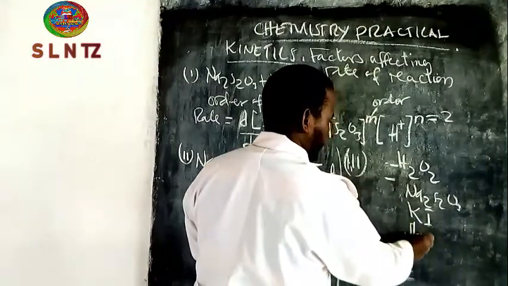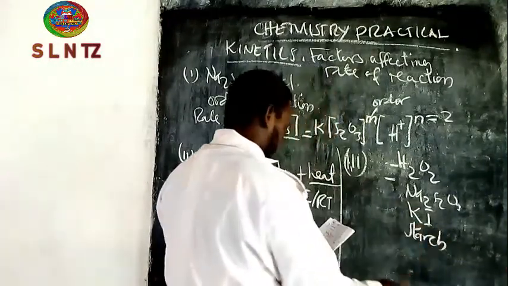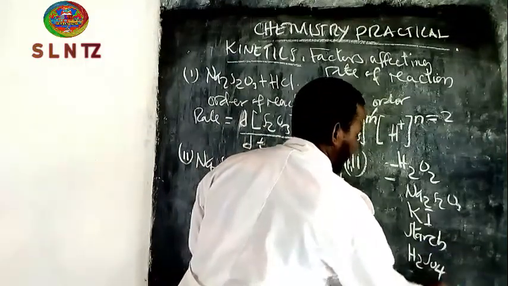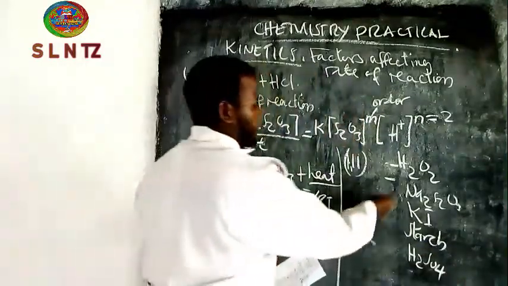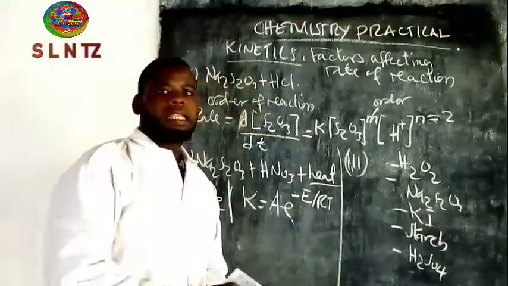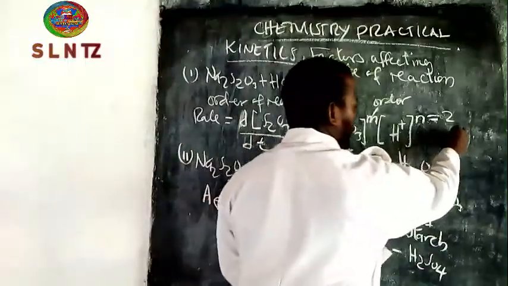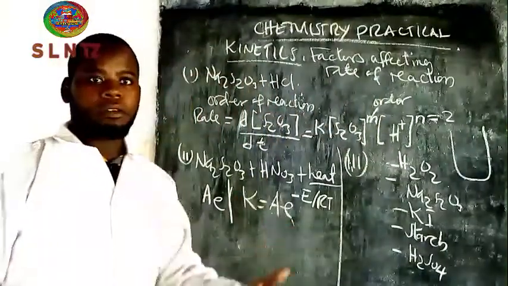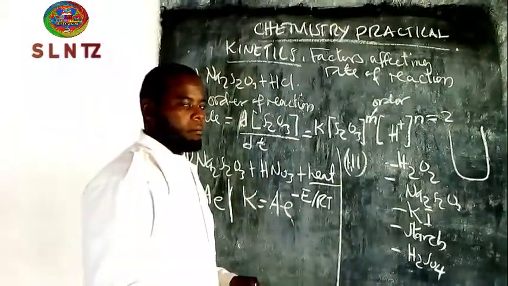We have starch. We have sulfuric acid. So those materials are mixed, and at the end, after mixing within a beaker, there is an appearance of blue-black color.